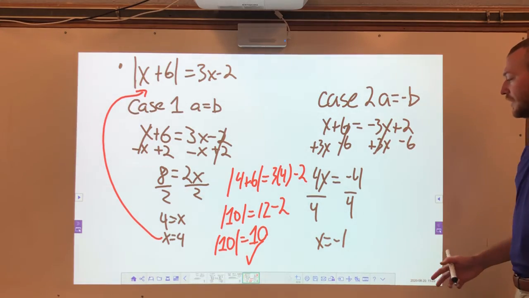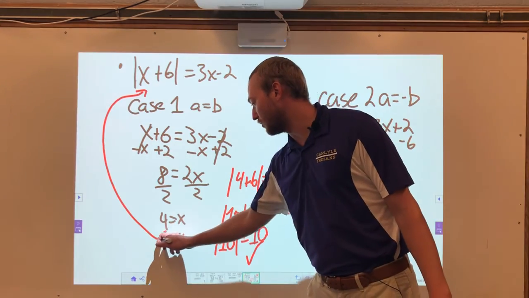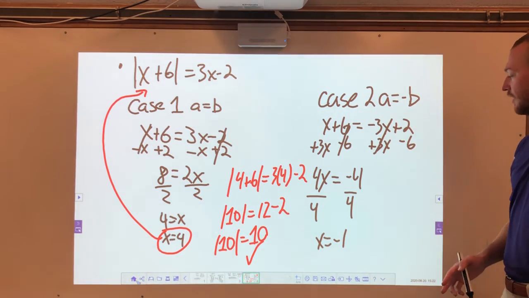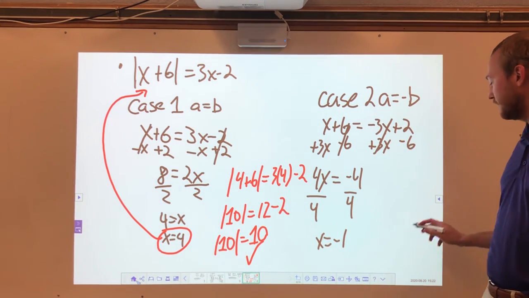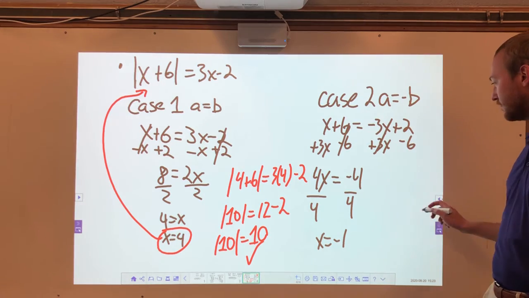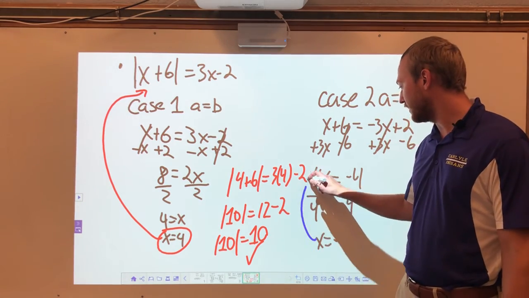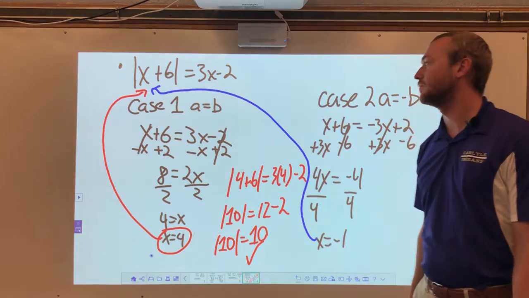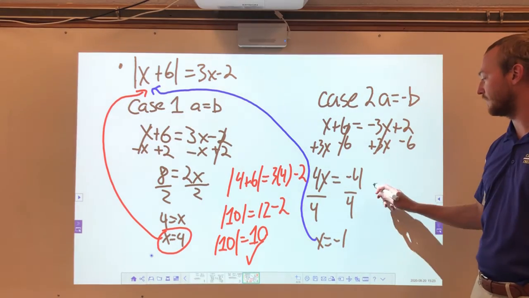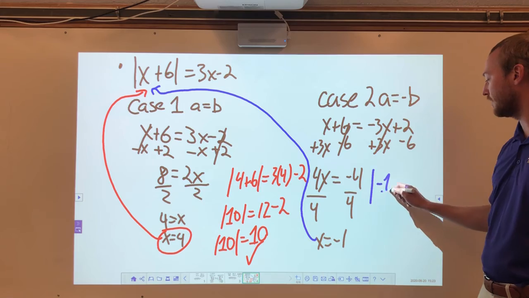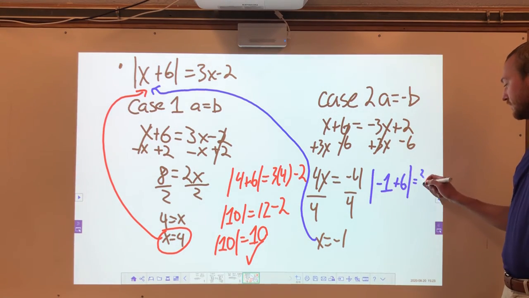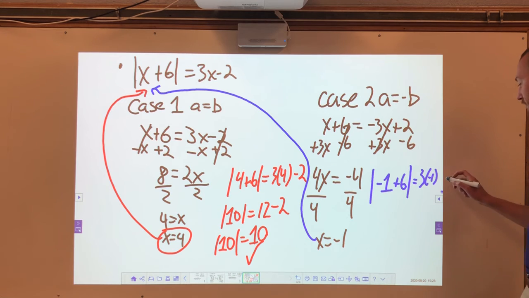So x equals 4 is a solution. Let's check our other possible solution, x equals negative 1. Again, I'll do this one in blue. I am plugging it in to the original problem for x. So I have the absolute value of negative 1 plus 6 equals 3 times negative 1 minus 2.